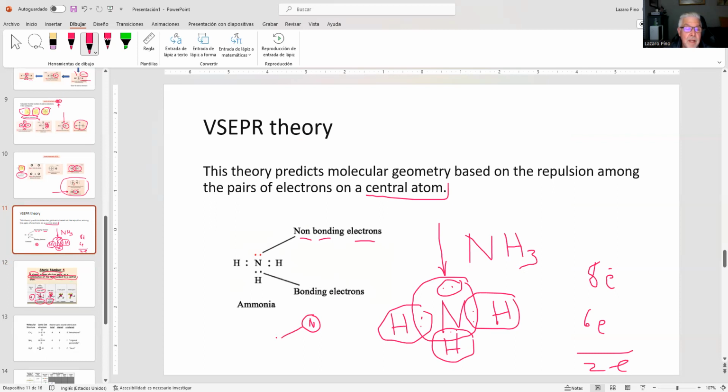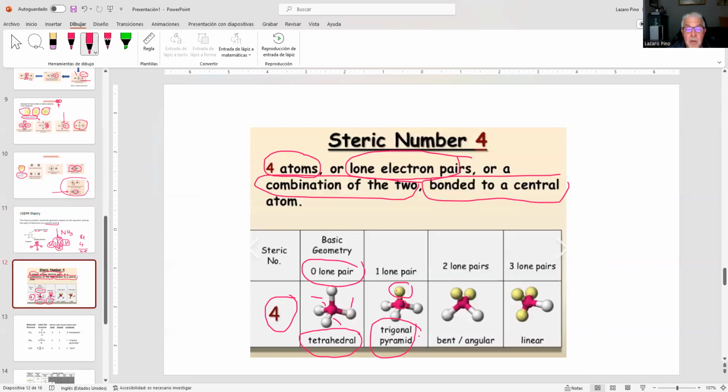We have this way a hydrogen, this way a hydrogen, and this way a hydrogen. And in the upper part, we have a pair of non-shared or lone pair electrons. This is, as I told you before, a trigonal pyramid structure.